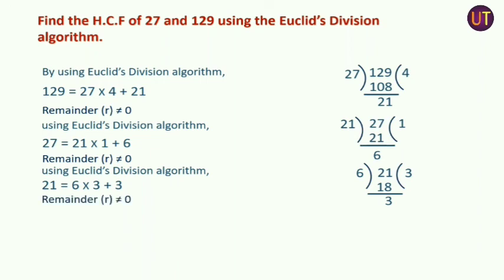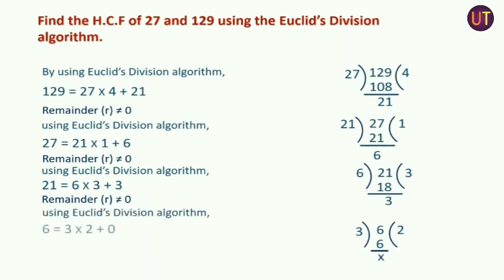Still the remainder is not 0. Again using the same process, you will divide it 2 times. So 3 twos are 6. So here we are getting the remainder as 0. Now the remainder is 0. So here the divisor 3 will be the HCF of 27 and 129. Okay, got it?